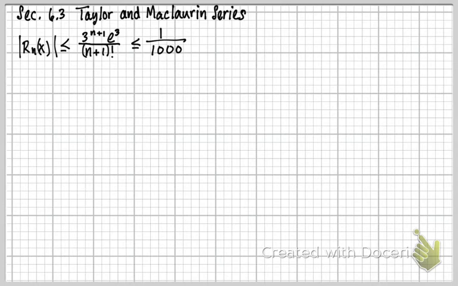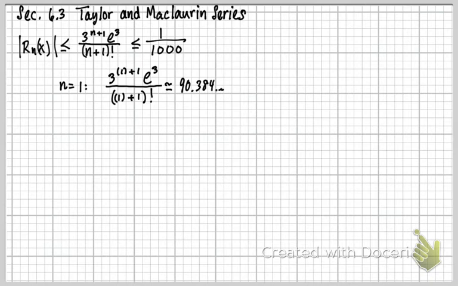So for instance, let's try n equals 1. With n equals 1, is that going to be less than or equal to 1 over 1,000? I want to get as close as I can to 1 over 1,000. So once I punch this all in on my calculator, I get approximately 90.384 and so on.